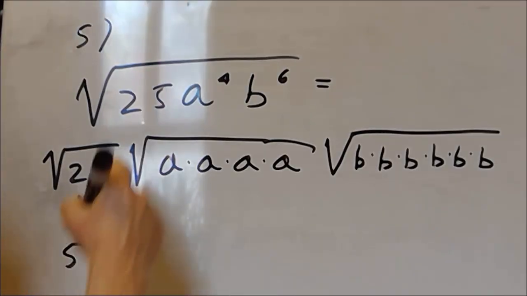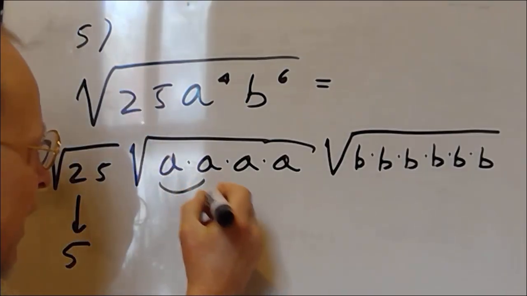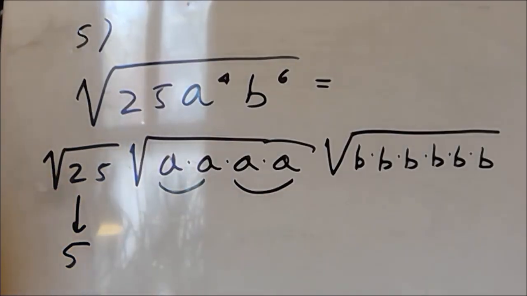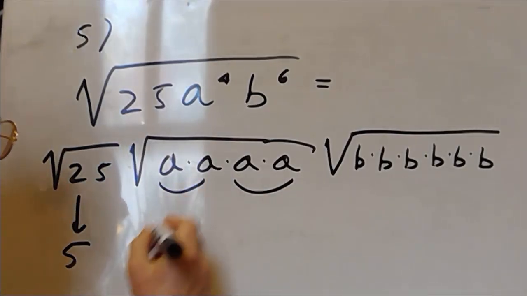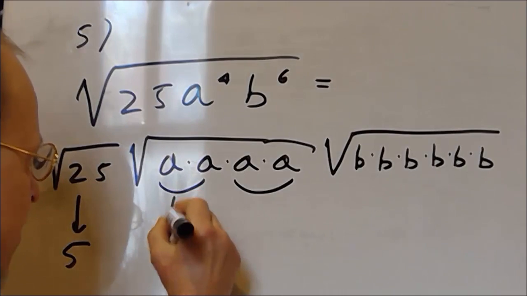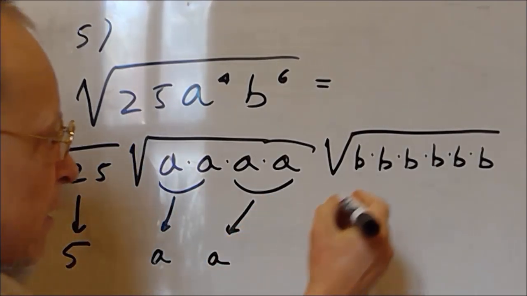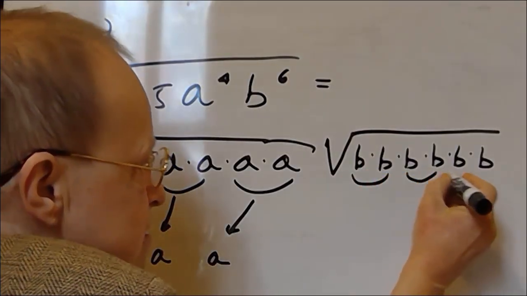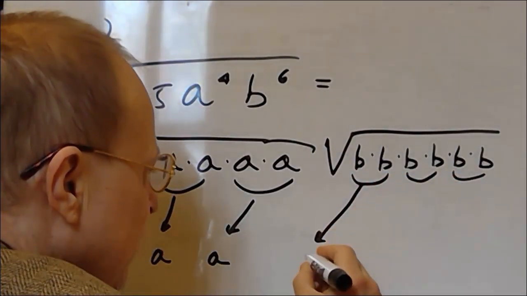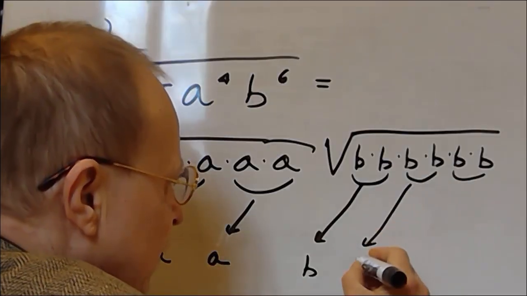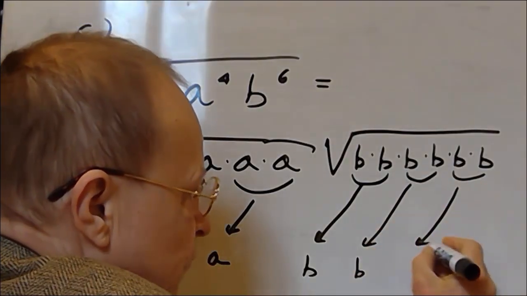Now, because this is a square root, that means we have to double these to take it out. So we're going to have an a from here, an a from here, and similarly, a b from here, a b from here, and a b from here.